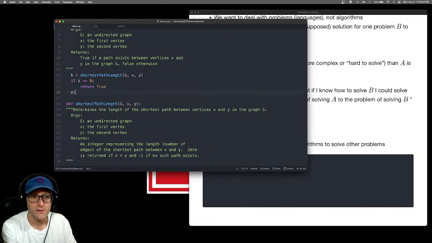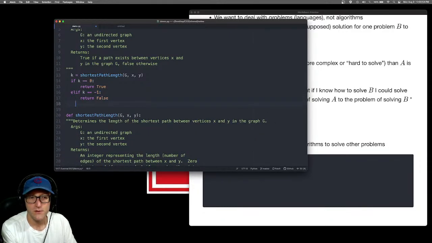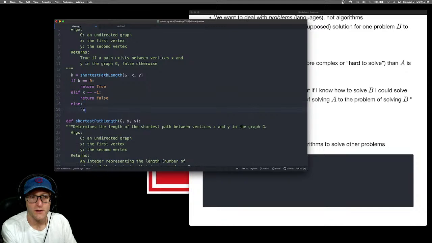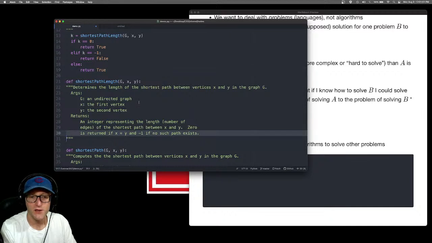Else if k is equal to -1, then I'll return false. Else return true. Right? Again, it returns -1 if no such path exists.